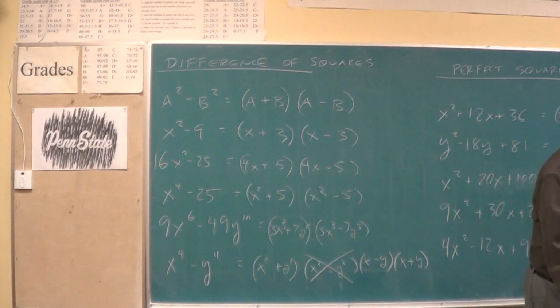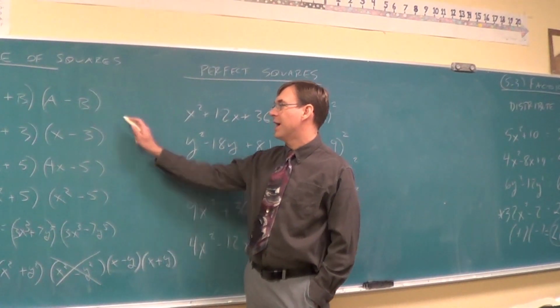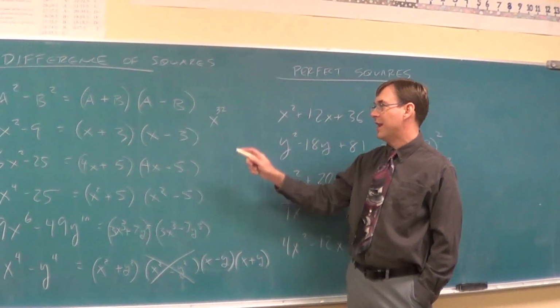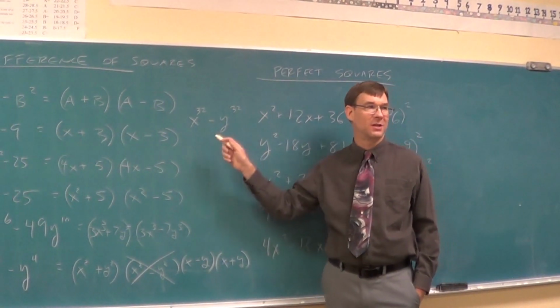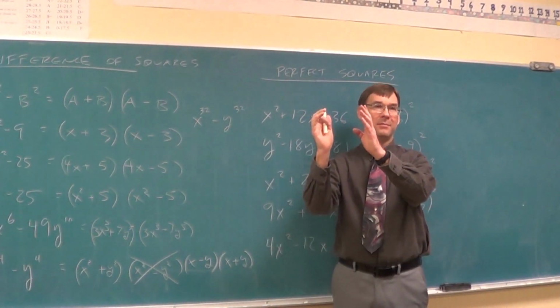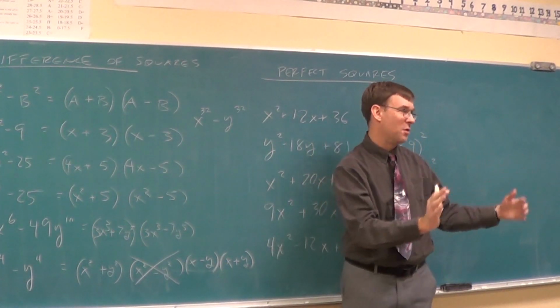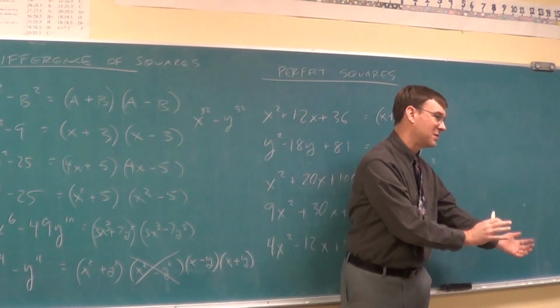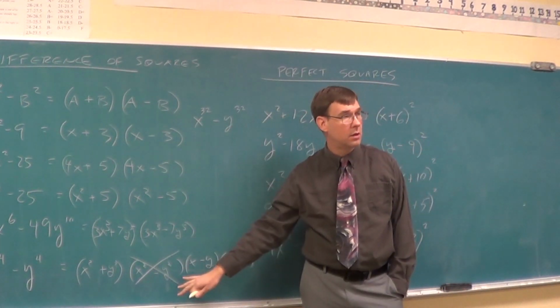Wait, so what is homework? Homework goes to 48, and I think for extra credit, sometimes I'll go with an x to the 32 minus y to the 32 kind of question, because the 32s become 16s, which become 8s, become 4s, become 2s, become singles, and it goes. Can both factors go?